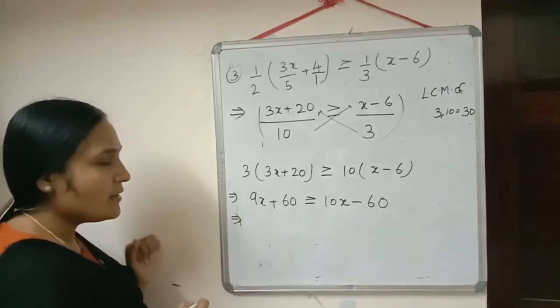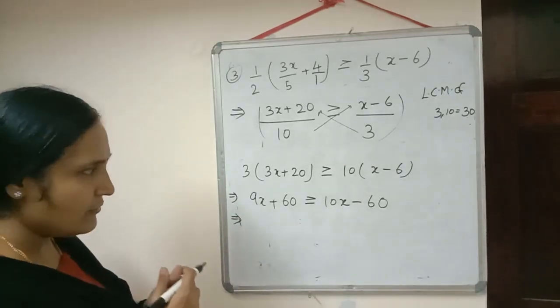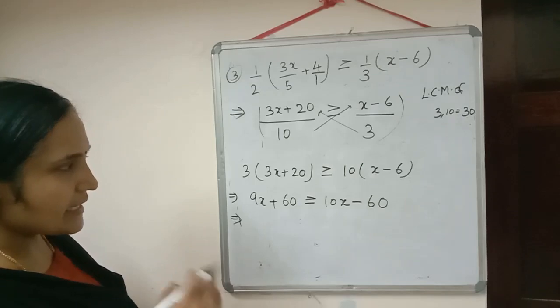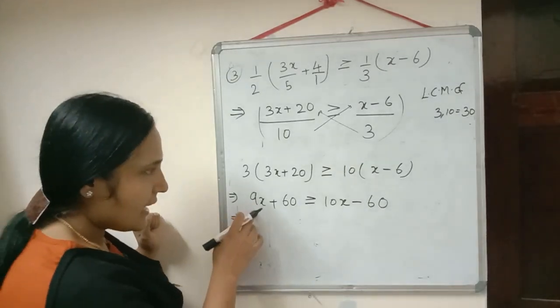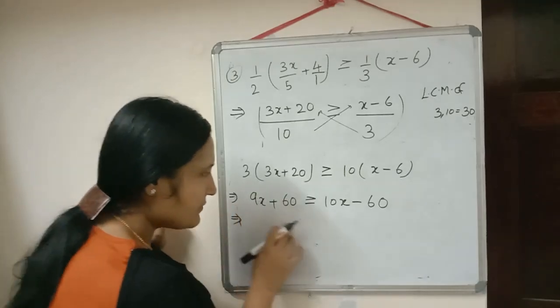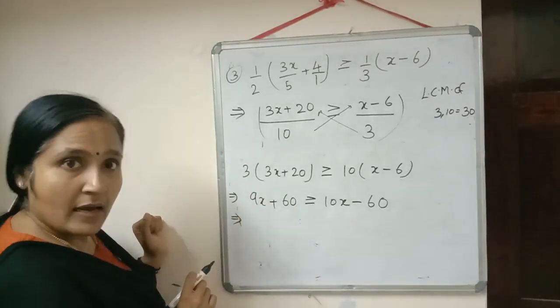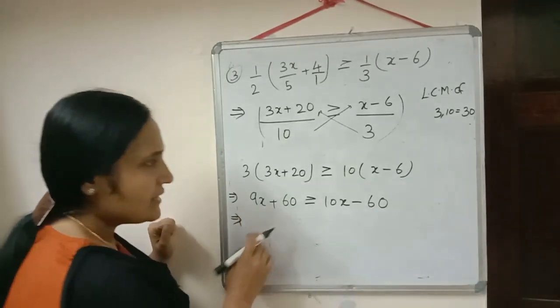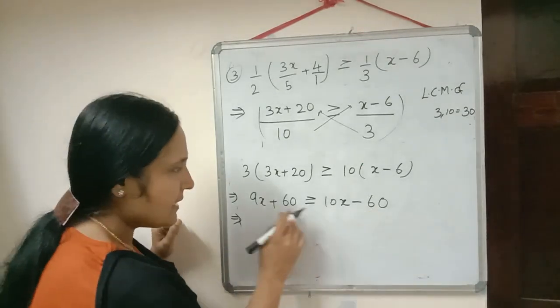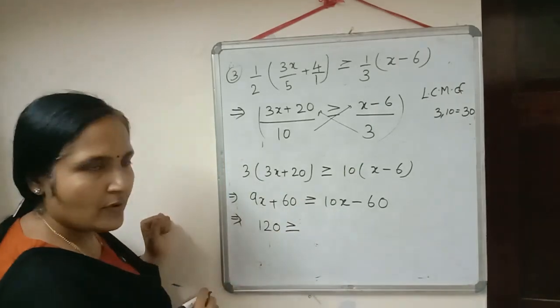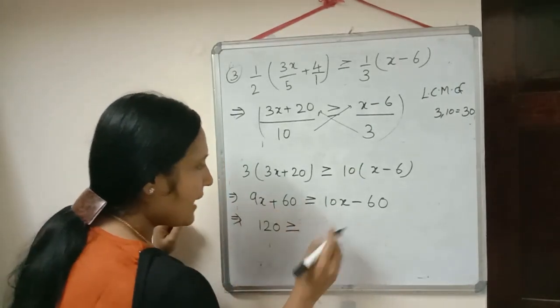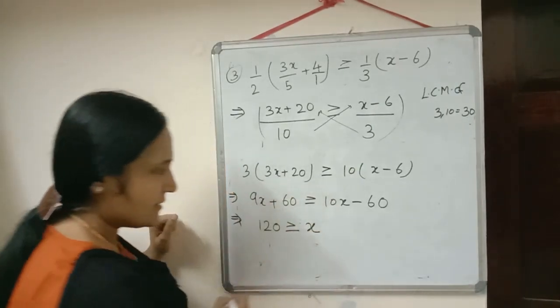If you don't want the x term negative, check whether we can shift it to the left hand side or right hand side. 9 is smaller than 10, so we can shift this 9x to the right hand side and this one to the left hand side. Then 60 plus 60 will be equal to 120 greater than or equal to 10x minus 9x, which becomes x.